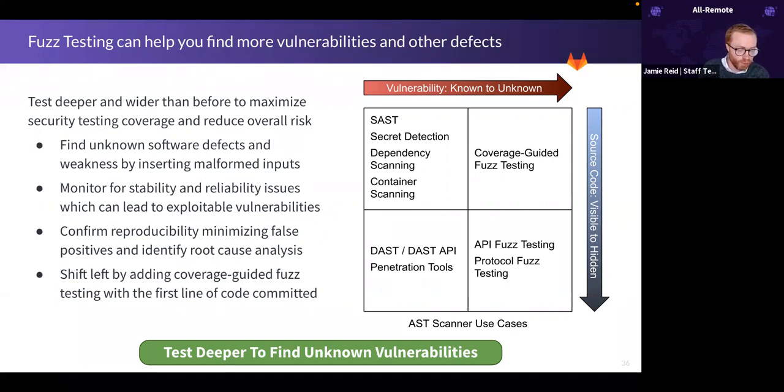This not only can help you with security concerns, but it can also help you understand the stability and reliability of your application, which can sometimes lead to exploitable vulns. It can also help confirm reproducibility by minimizing false positives and identify root cause analysis. Likewise, with our other scanners, the key message here is that we can help you shift left by adding coverage-guided fuzz testing as well as API fuzz testing from the very second that you're changing your code.